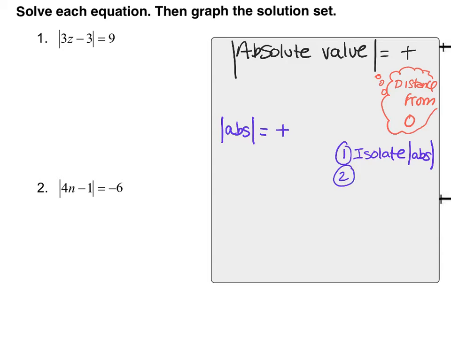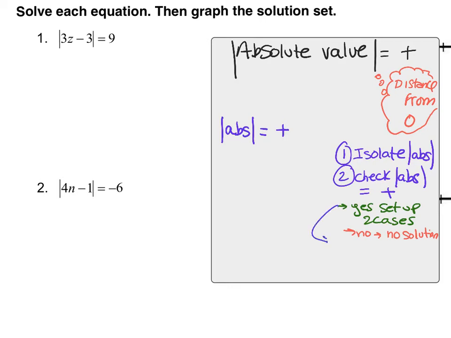The next thing you're supposed to do is to ask yourself if the absolute value part is equal to a positive, because if it is, then what you're supposed to do is set up the two cases, and if it's not, then it's considered no solution, because you cannot have the absolute value of anything be equal to a negative. Then after you set up the two cases, step 3 is to solve each part.